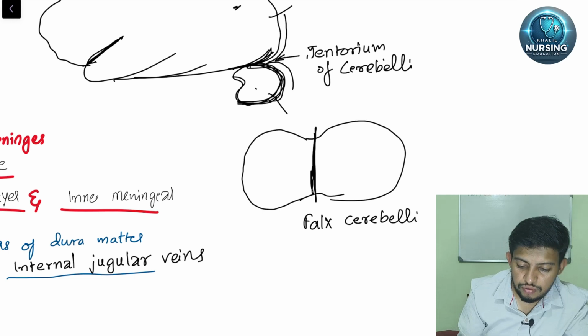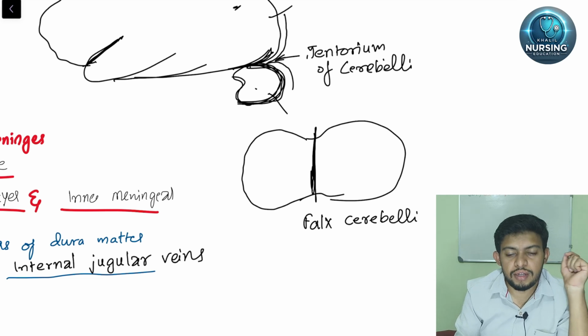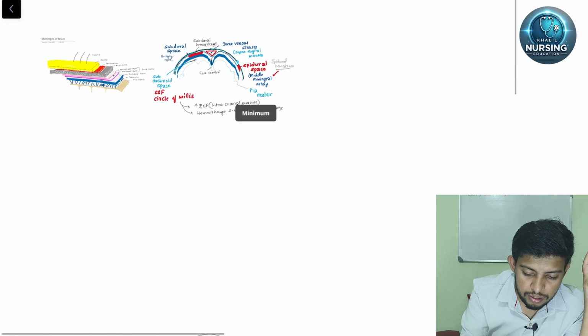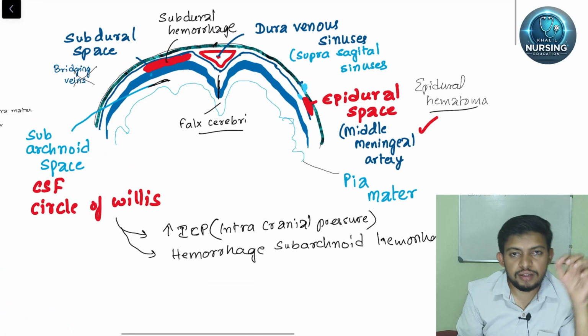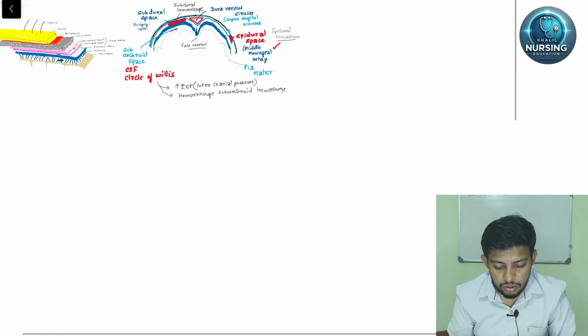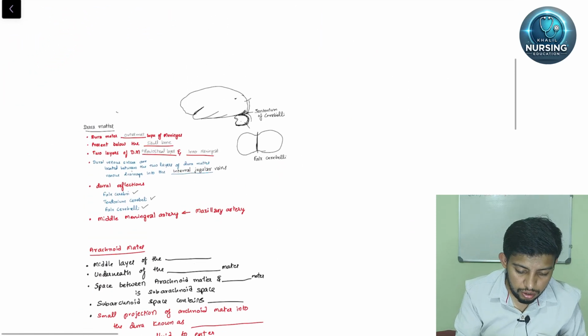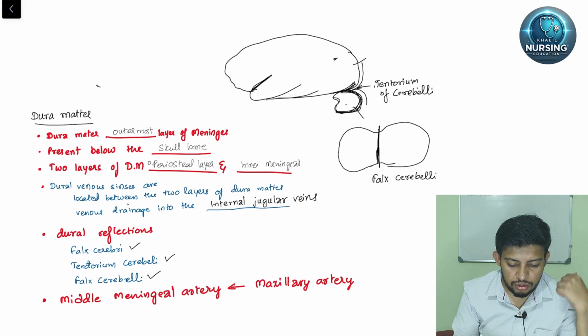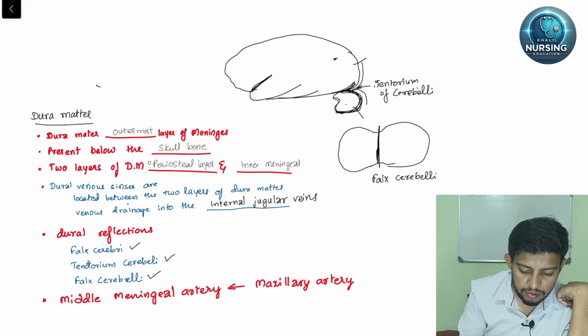So don't confuse cerebri, cerebelli and cerebellum. This is cerebri, that is cerebelli. So this is about the dura mater. Dural reflections are three: falx cerebri, tentorium cerebelli and falx cerebelli.